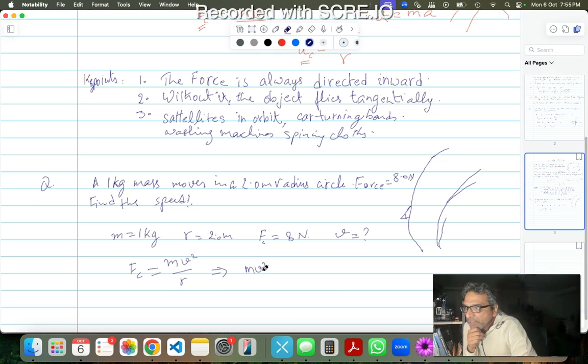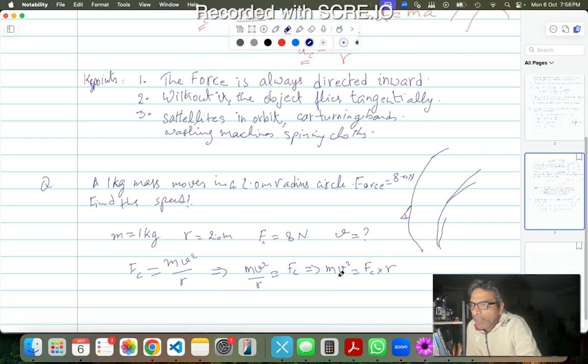So first change the direction: mv square over r is equal to Fc. Now we multiply both sides by r, so it gives us mv square equals Fc times r.